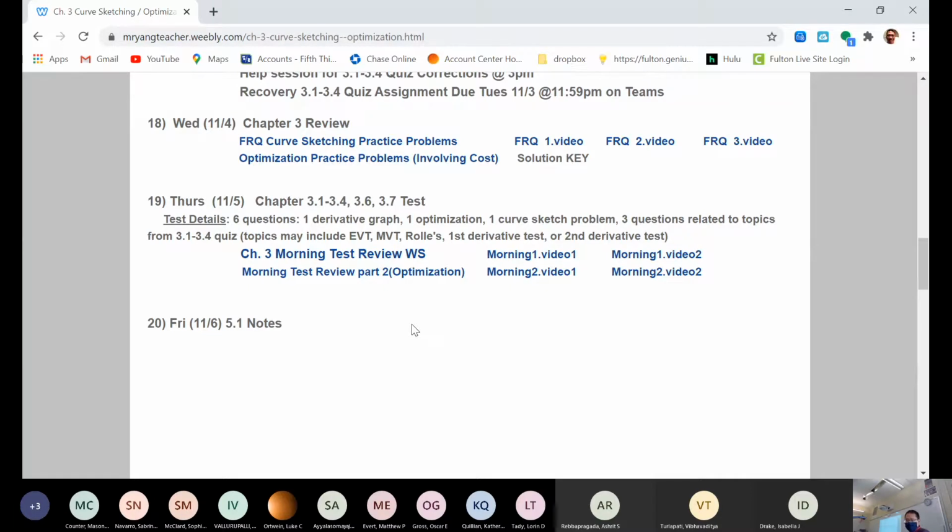But I have to do this to protect the fact that students in the classroom are held to a time limit, and so do students online. Okay. So any questions there?